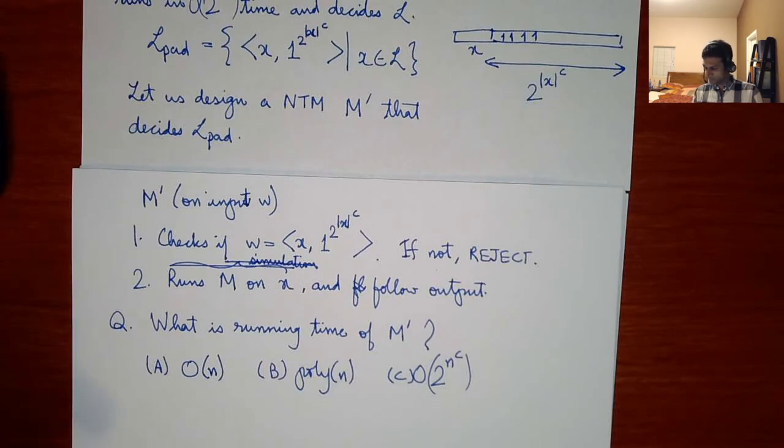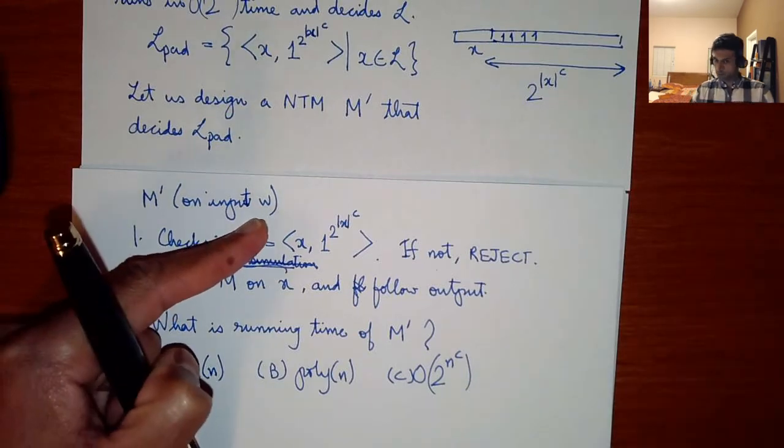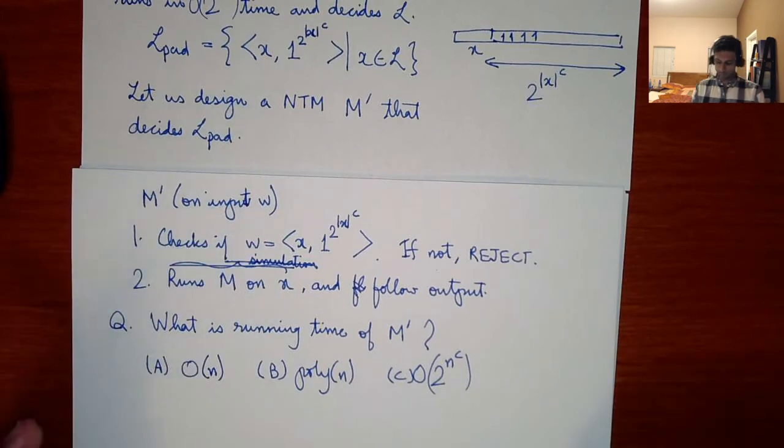So the input to the Turing machine is X and all the ones, right? Yes, it's W. Gotcha.